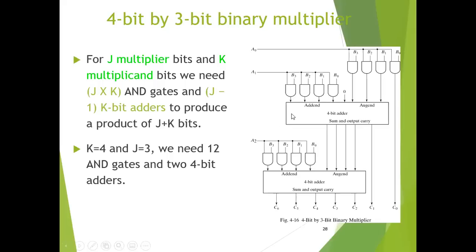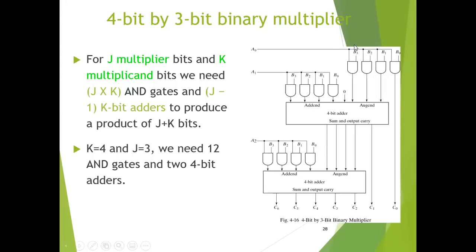In this diagram we can see that two 4-bit adders and 12 AND gates are used to perform the 4-bit by 3-bit binary multiplication. Similarly, this process is the same as in the previous 2-bit by 2-bit binary multiplier example.